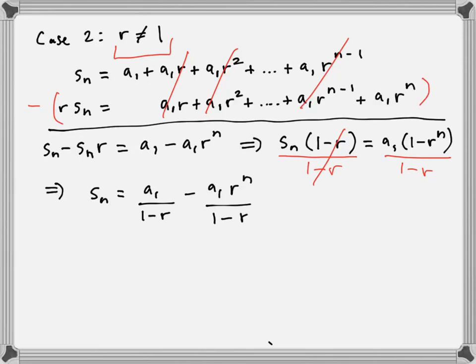So let's look at this term right here. I'm going to keep the minus sign there. What I'm actually going to do is divide this by r to the n.